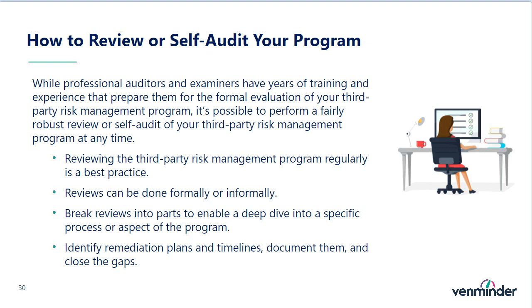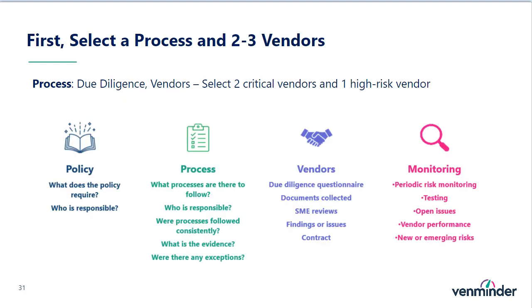So this is a very high level of what you can do when you're going about a review. So first of all, I took 2 critical vendors and 1 high-risk vendor, and I'm going to examine the due diligence process. So the first place I would start is my policy. What does the policy require, and who is responsible for those requirements?